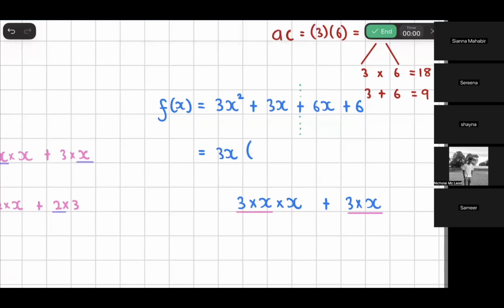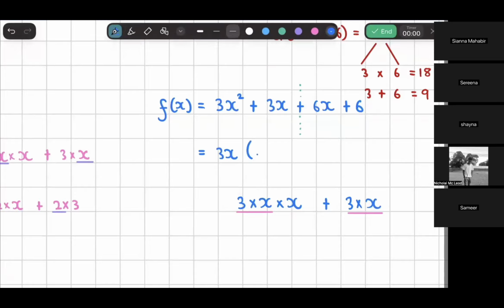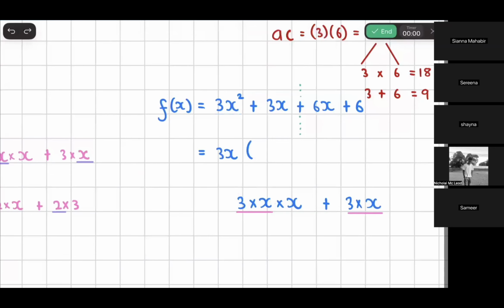If I pull out 3x from over here, what am I gonna write in this bracket? Tell me, Amira. So I pull out the 3x from 3x squared. What am I gonna write in the bracket? No. Look at it for yourself.